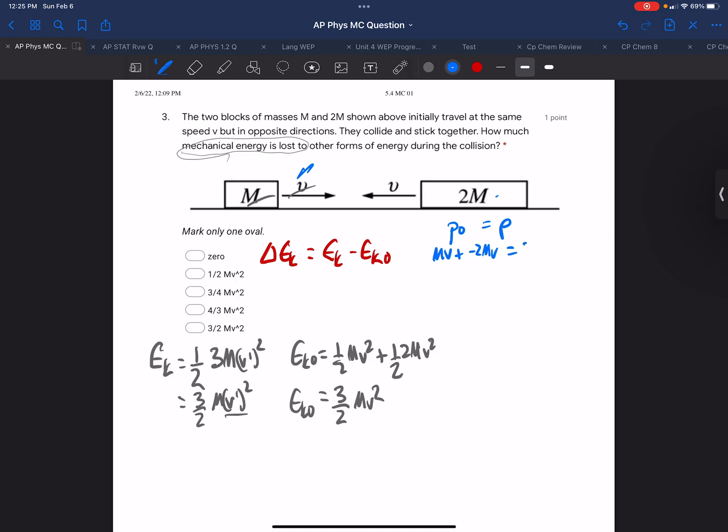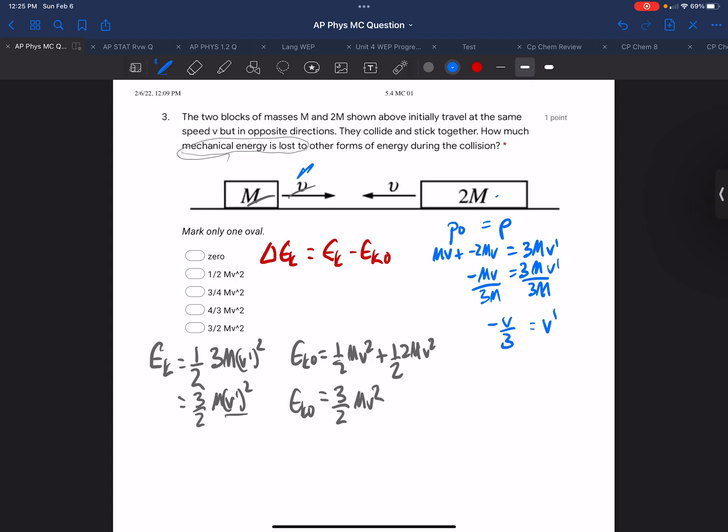The mass afterward is 3m, and that new velocity will be v prime. So looking at the left side, we end up with minus mv equals 3m v prime. Dividing both sides by 3m, we're left with v prime is minus v over 3.